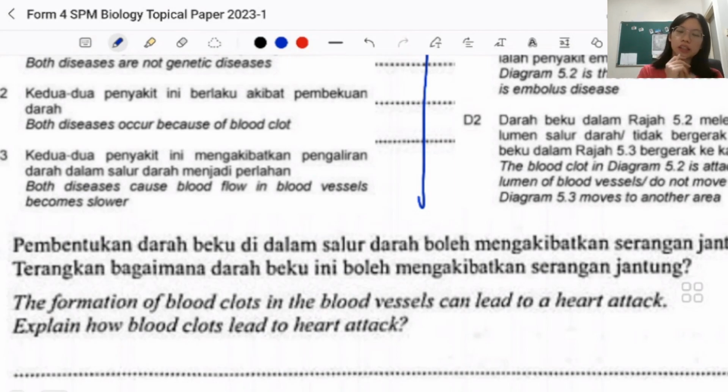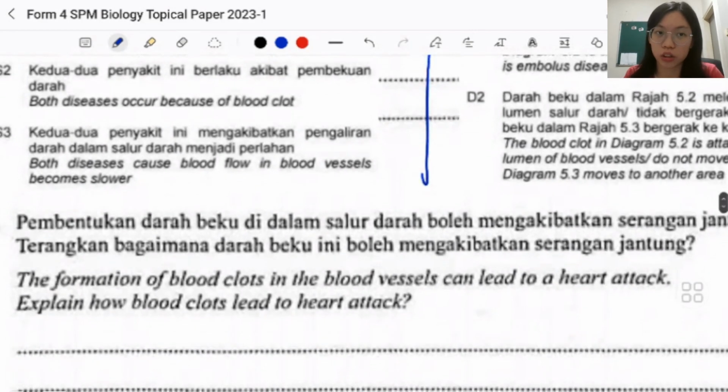This is a very severe issue because our cardiac muscle has no ability to regenerate on its own. Unlike liver cells, which can still regenerate. That's why you can donate part of your liver and your own liver can still regenerate. But our cardiac muscle cell cannot regenerate on its own.